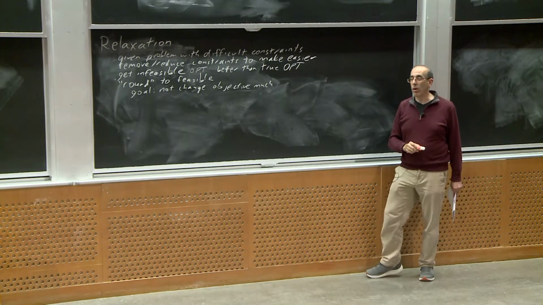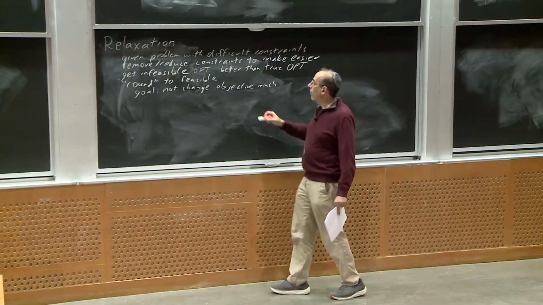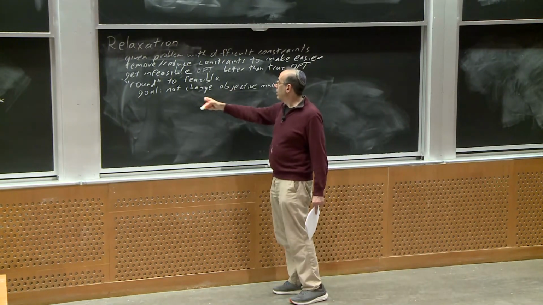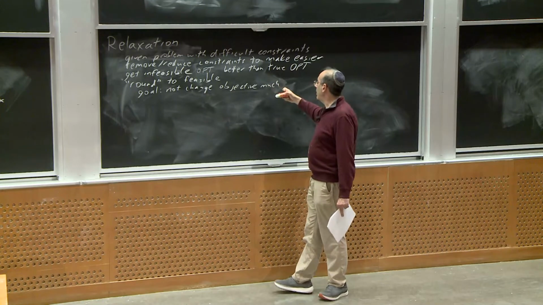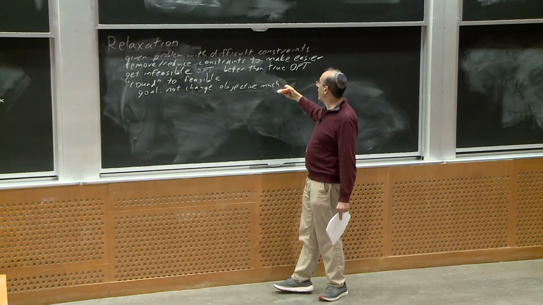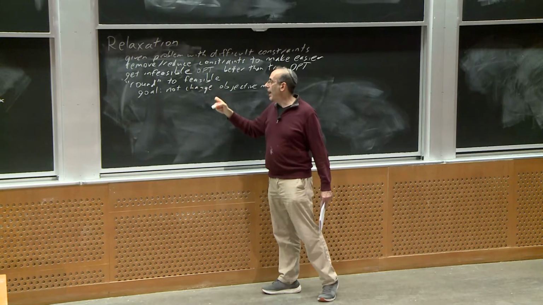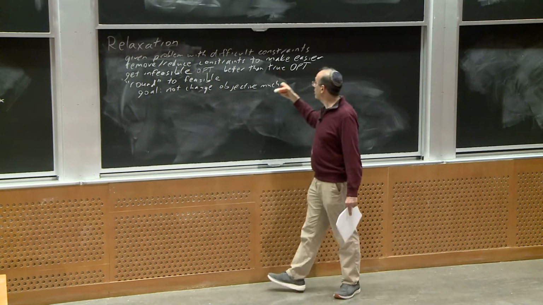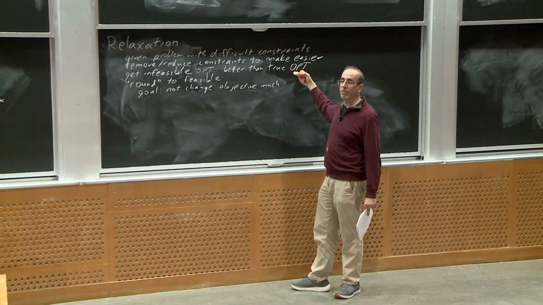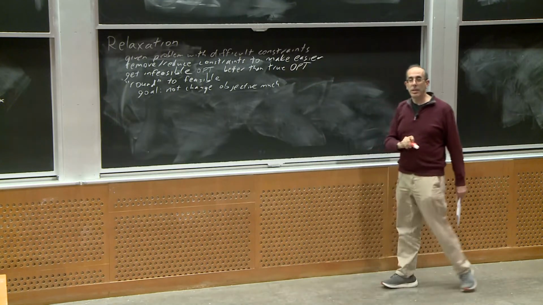Okay, it doesn't make it harder. So if we are able to get a feasible solution that is close to our infeasible optimum, then that feasible solution is also going to be close to the true optimum. In other words, it will be a good approximation. Does that make sense?